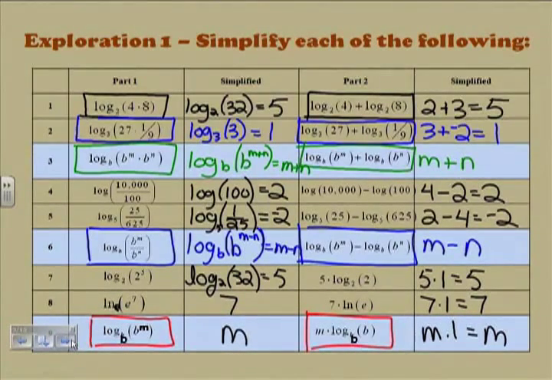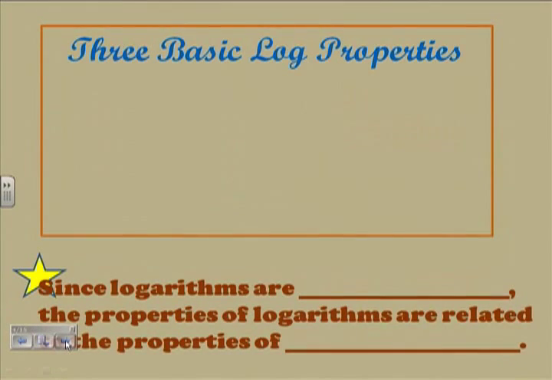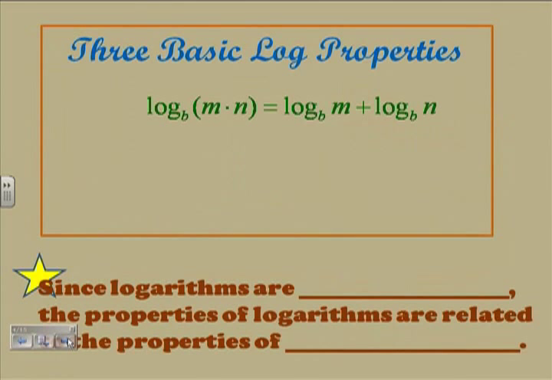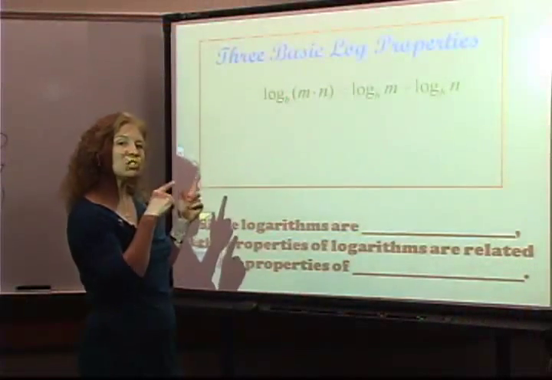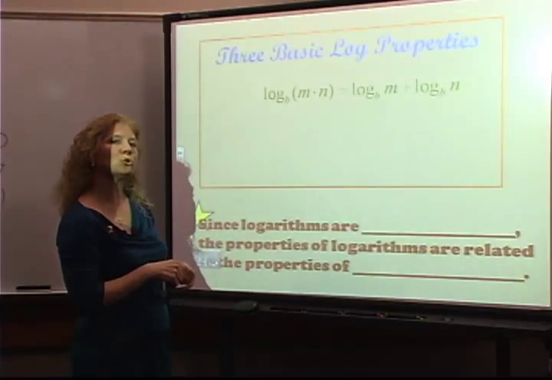Okay? So, as it turns out, there are 3 very important basic log properties. If you have a product, you can actually split that product up into the sum of 2 logarithms. And it makes sense because if you're multiplying and you have like bases, you add the exponents. Now, by the way, we're going to actually work with these properties in both directions.